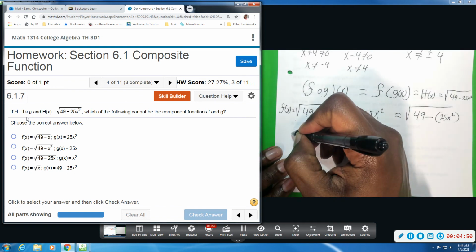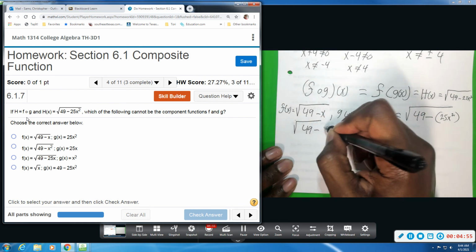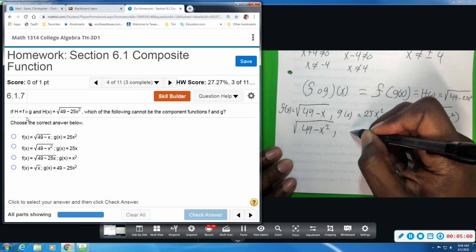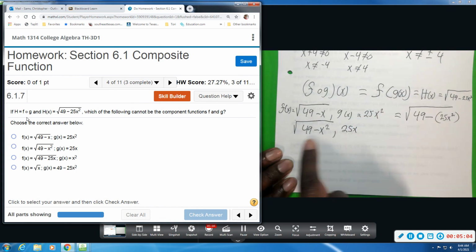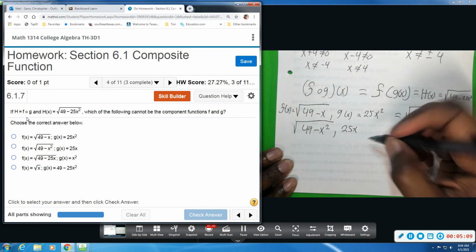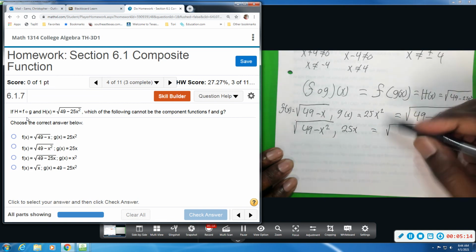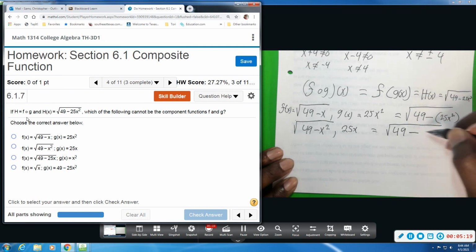So if we look at B, we have the square root of 49 minus x squared. And then we have g as 25x. Okay, so again, I'm going to replace this with every x. I'm going to plug this in here. So what that means, we would have square root, and please excuse my sloppy notation, I'm just writing it down to kind of give you an idea. 49 minus, in parentheses, it would be 25x, squared.